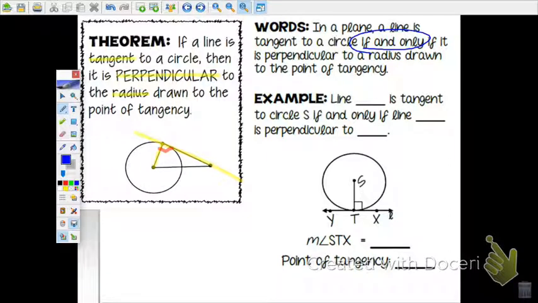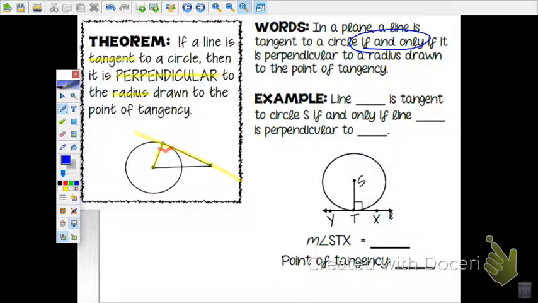So if we have the tangent and the radius to that point of tangency, then we know it has to be perpendicular. The other way works too. If we know the radius and this line are perpendicular, then that line has to be a tangent line. So it works either way.